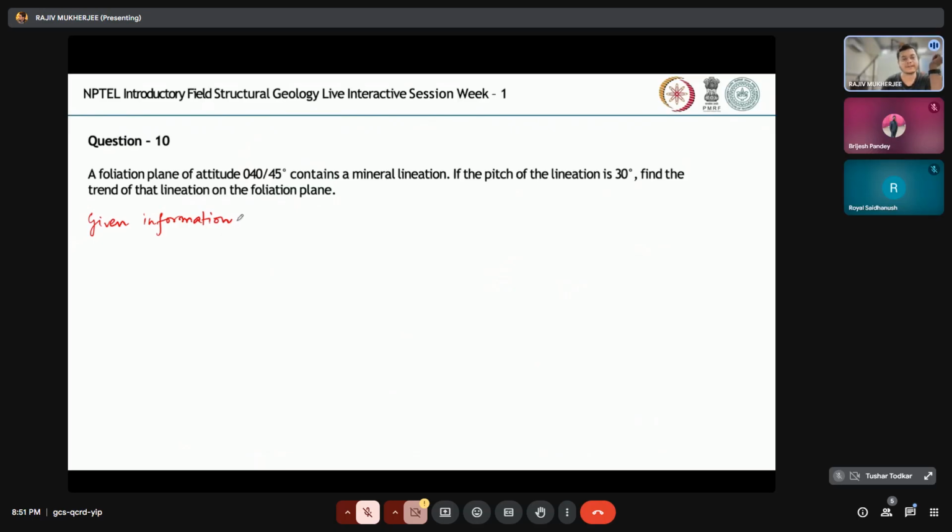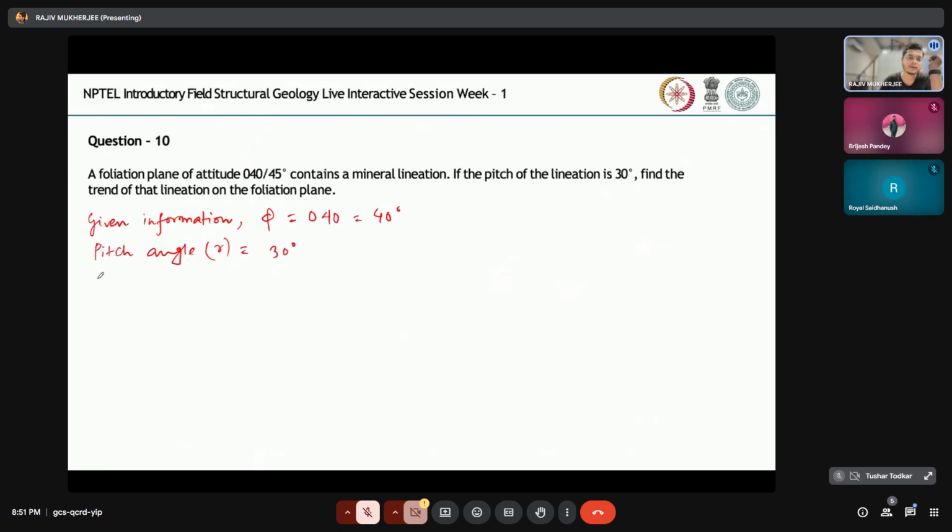So the given information is phi, that has been described before, is 040, that means 40 degrees, right? Now pitch angle, let us define it as r, is given as 30 degree.